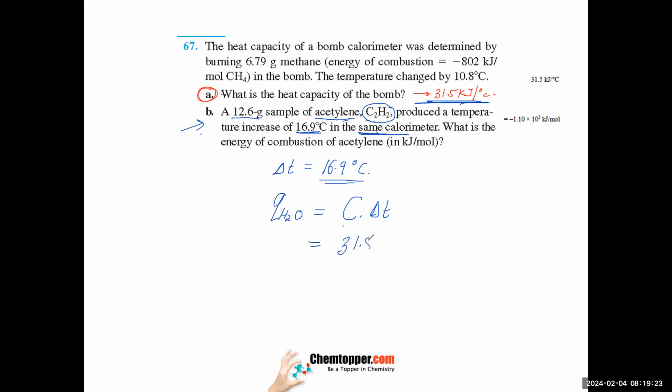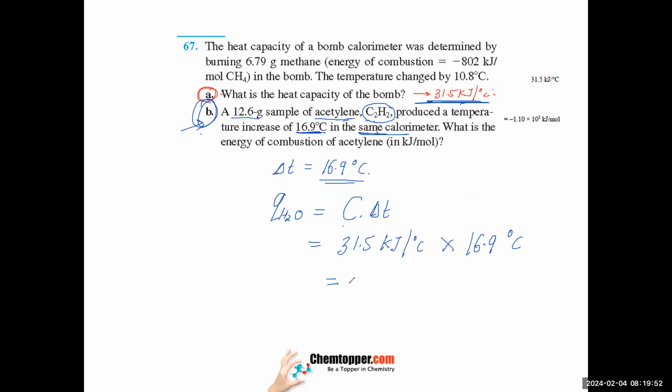It's the heat capacity which we calculated in the A part, for the same bomb calorimeter. What is delta T? 16.9. So now you can see that this question has become so simple. B part, I'm just reading, taking out the information, plugging in the equation. How much is this answer?